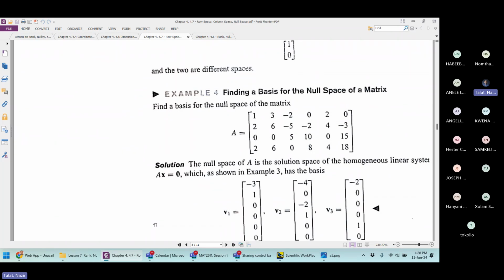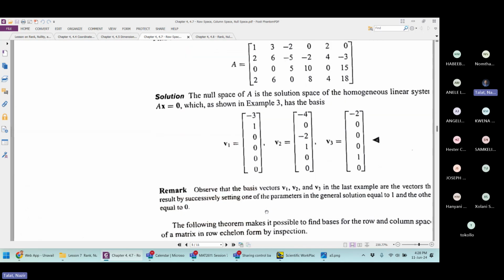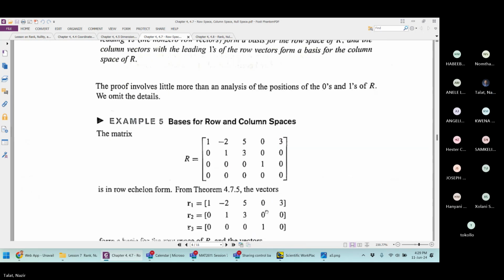And we can find its basis, like if you find out the solutions, then we can find V1, V2, V3, and then these three are the basis for this null space. And one can see that nullity is 3 because there are three vectors. So the dimension of a null space is called nullity.